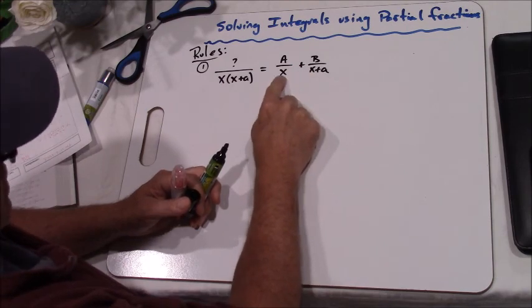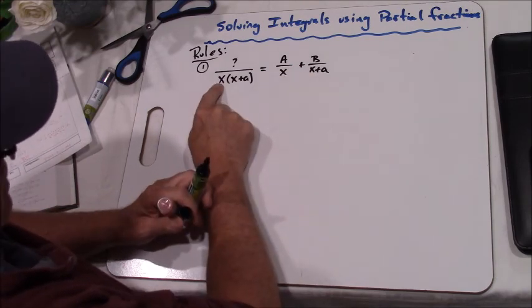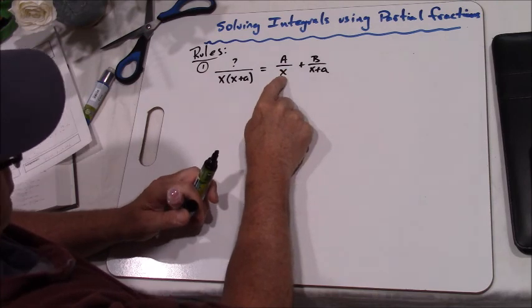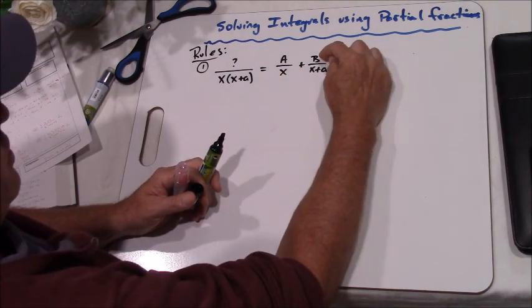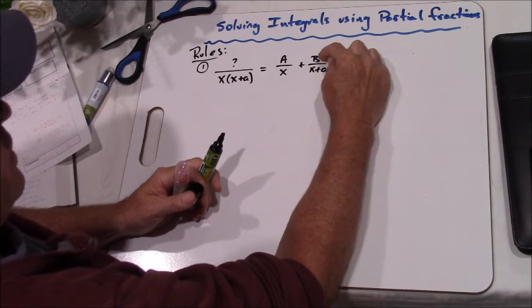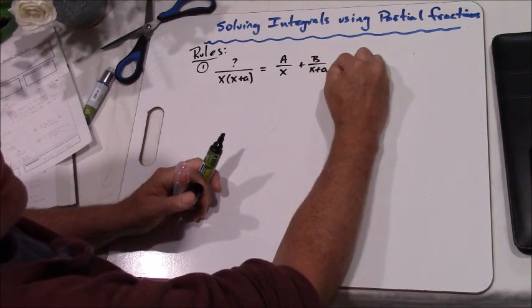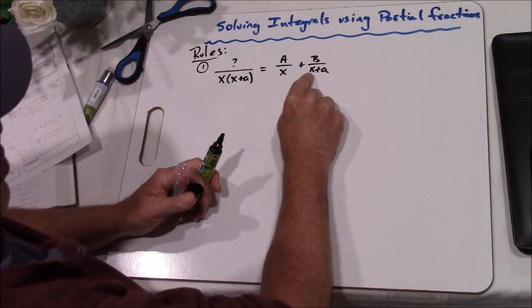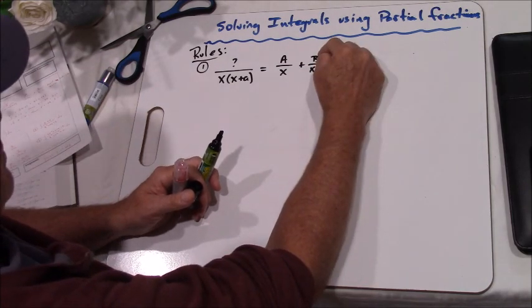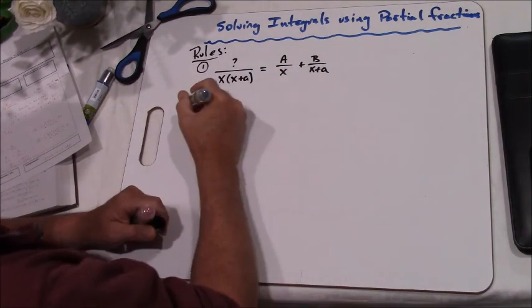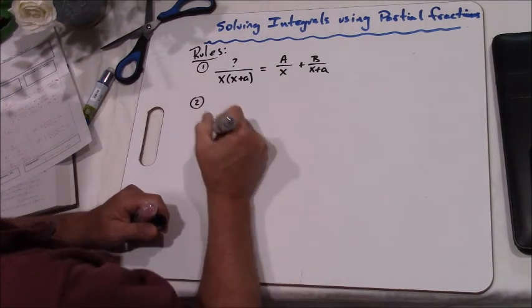If this denominator happened to be x plus or minus some number, that factor would go right here. And the general idea is that your numerator should always be 1 degree less than the denominator. So if this is x to the 1 power, we should just have some constant or some number up here in the numerator.